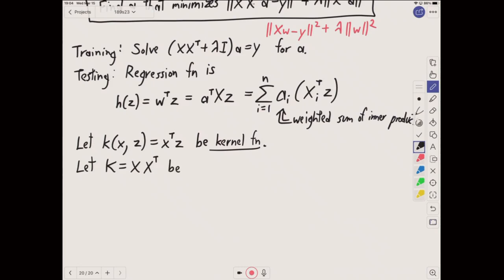And this is an n by n matrix, again, called the kernel matrix. The reason we're calling it the kernel matrix is that if you look at any particular component, row i, column j of the kernel matrix, then that is the kernel function applied to training point xi and training point xj.